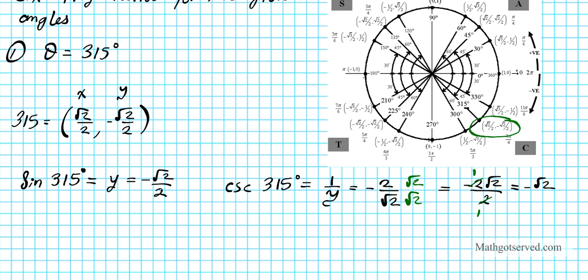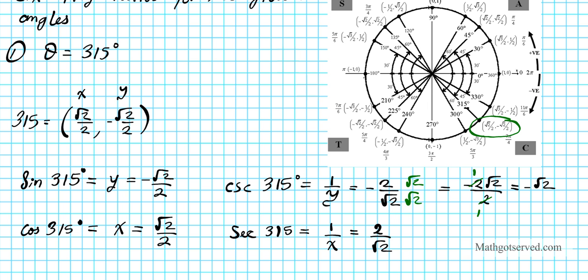Next we need cosine. Cosine 315 degrees is the x coordinate of the point. The x coordinate is root 2 over 2. Now the reciprocal of cosine is the secant function. Secant of 315 is 1 over x, so we can just reciprocate this and get 2 over root 2.